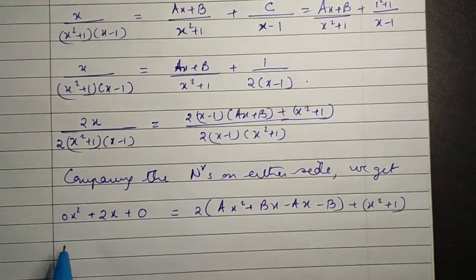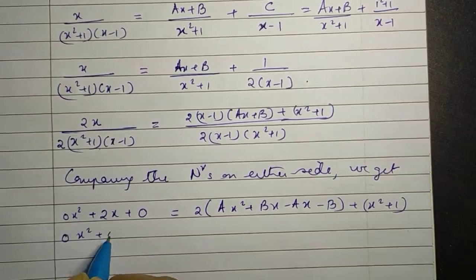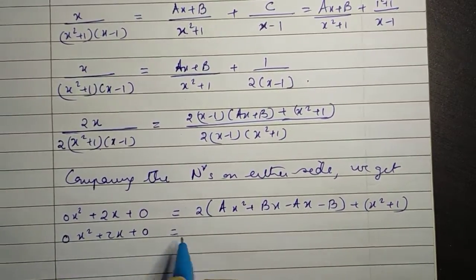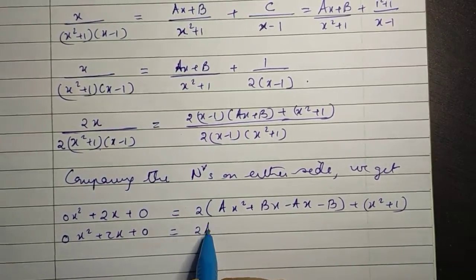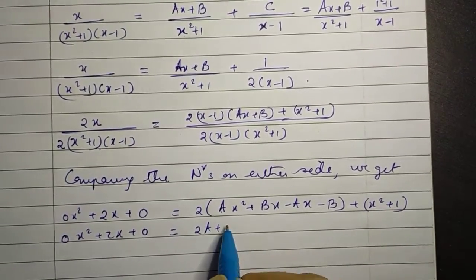Collecting the like powers, we get 0 into x squared plus 2x plus 0 is equal to, with x squared we have 2a from here and 1 from here.